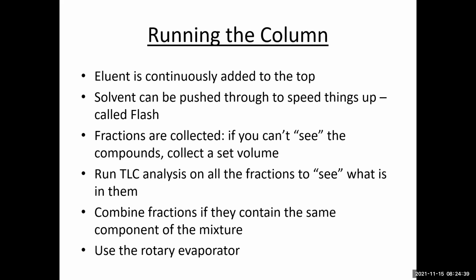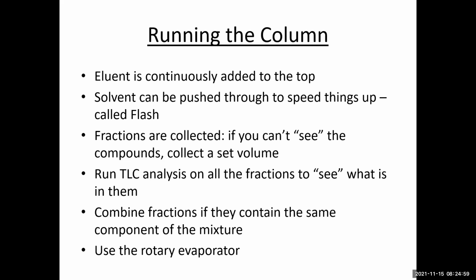Okay, once you have all these fractions, regardless of whether they're colored or not, you may want to do a TLC analysis to figure out what is in each of those fractions, which compound is in them. So we would do TLC on all of the fractions to visualize what's in them.